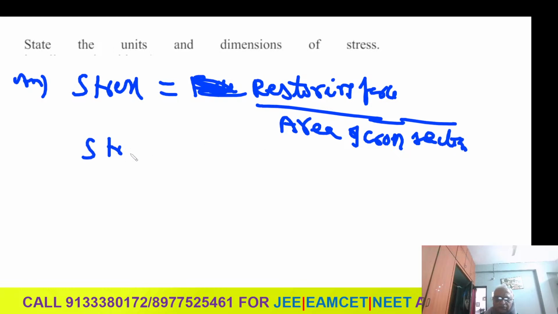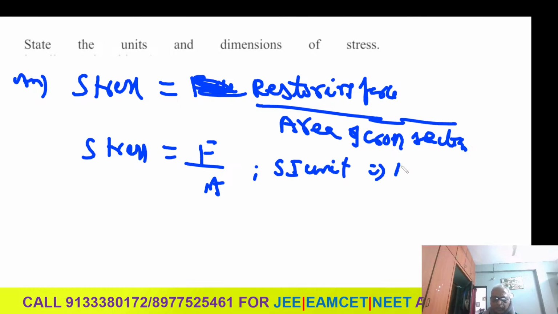This is the formula. Formula is not necessary, but what is the SI unit? SI unit means Newton, area means meter square. SI unit is Newton per meter square, Newton meter to the power of minus 2, or Pascal. You can write Pascal.